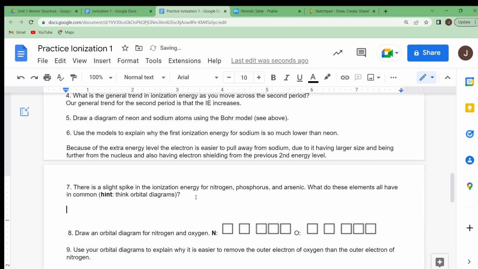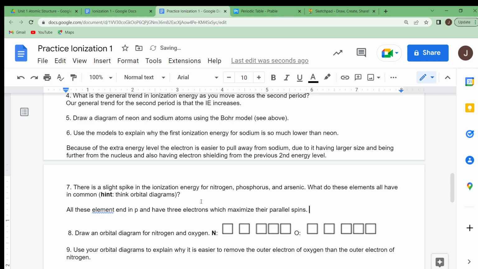So we would put that all these elements end in p and have 3 electrons with parallel spins, and have 3 electrons which maximize their parallel spins.